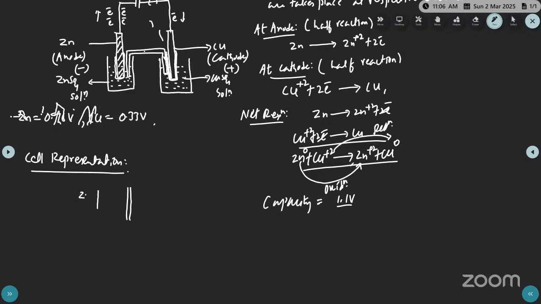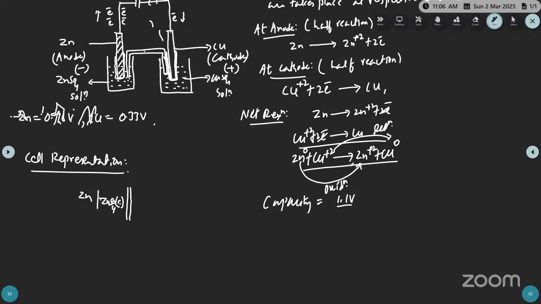And on the right side of the vertical line, write the solution in which that metal rod is dipped. What is the solution? ZnSO4 solution, and if the concentration is given, also mention its concentration in brackets. Okay, this is the anodic representation.